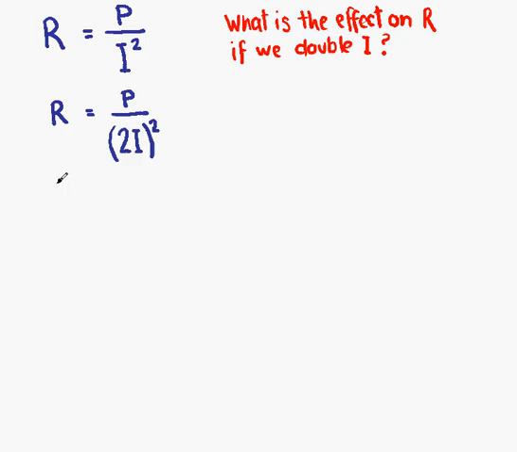So the next line, R equals P over, then we have 2I squared. So first of all, 2 squared, 2 times 2 is 4, and I squared. So now we have R equals P over 4I squared.